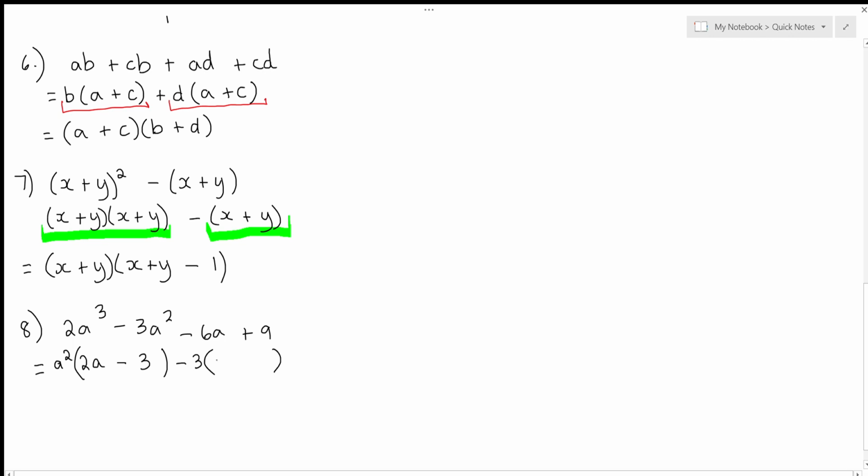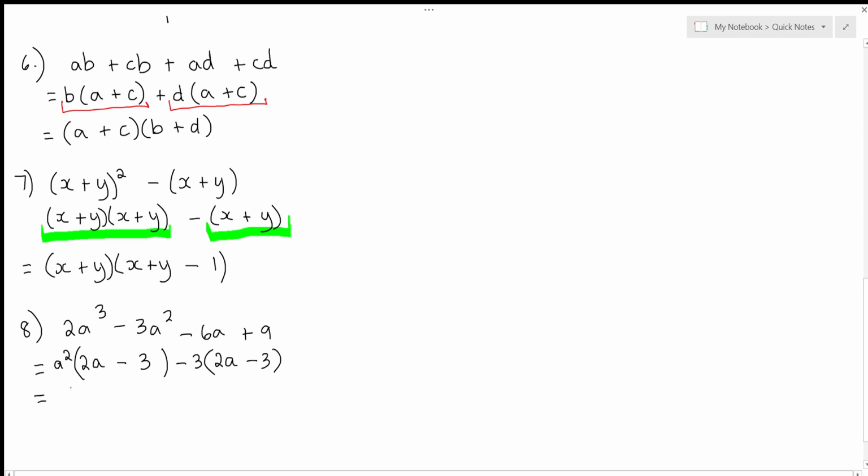So negative 3 times what would give me negative 6a? It would be positive 2a. Negative 3 times what would give me positive 9? It would be negative 3. And here I end up with a common factor of 2a minus 3.